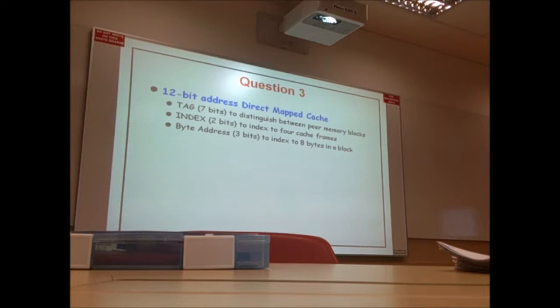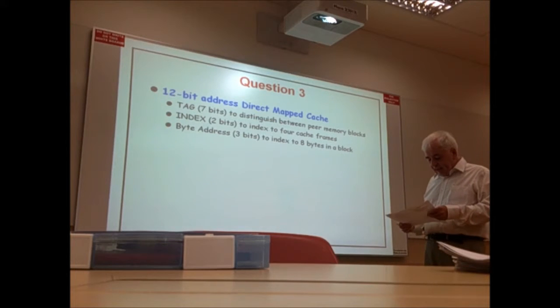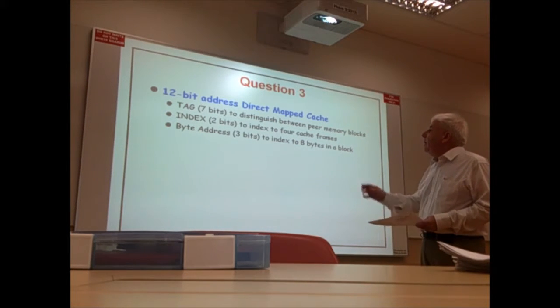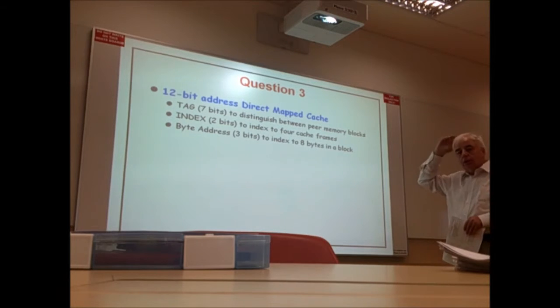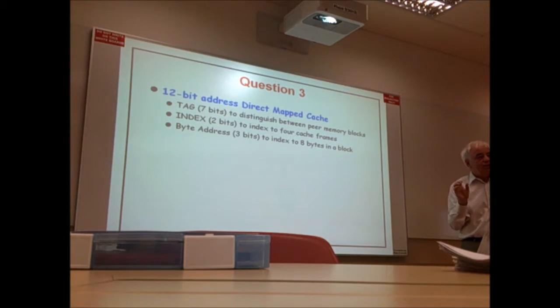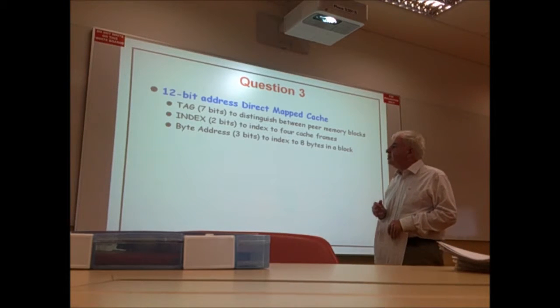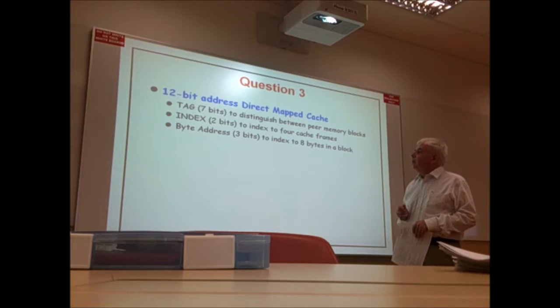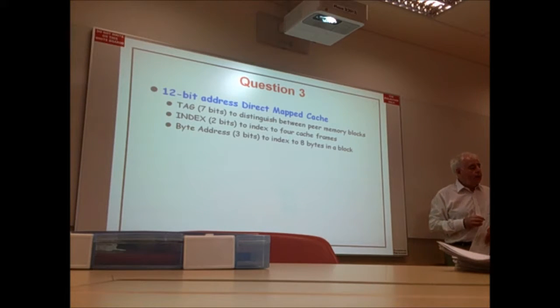First of all, we're going to do it for a direct mapped cache. We have a 12-bit address because our addresses are 3 hex digits, and 3 hex digits give you 12 bits. Remember, for a direct mapped cache, each block is mapped onto a particular cache frame.